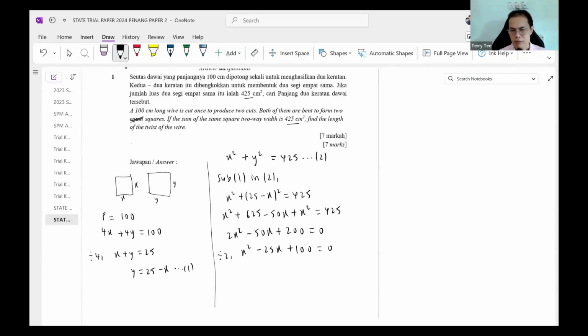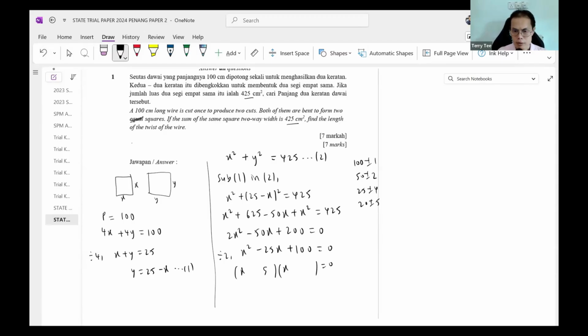And we can factorize this. The factors of 100, you can think of combinations: 1 and 100, 2 and 50, 4 and 25, 5 and 20, 10 and 10. The combination that produces 25 is 20 and 5. So let's put double bracket, x minus 5 and x minus 20.